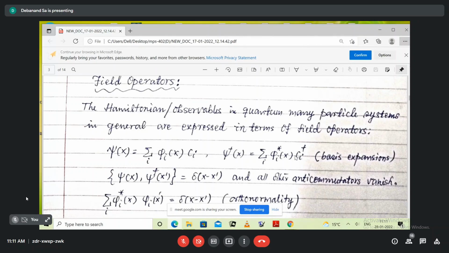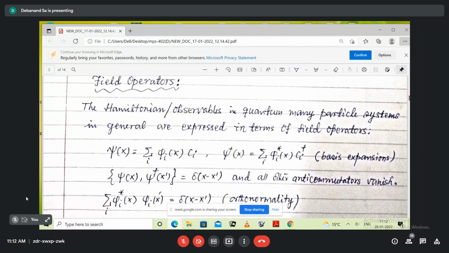So in many-body theory, we don't do that. I mean, if you want, one can do it also. There is no problem, absolutely. But for simplicity, one can retain psi as this and psi Dagger as this. Okay, and then of course, using the orthonormality of these basis sets, you can have the anti-commutation relation if they are fermion operators.